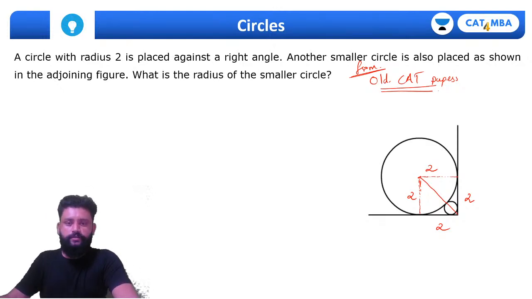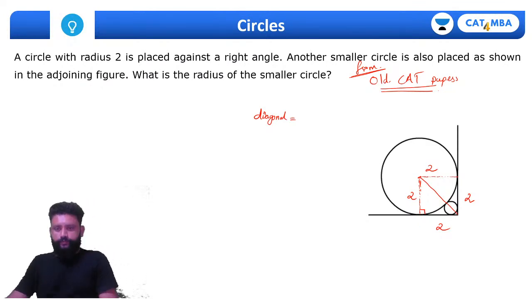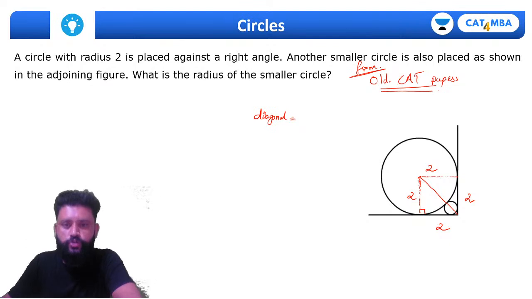this diagonal, I hope all of you know what the diagonal of a square is, a square plus a square, basically you can also apply the Pythagoras theorem. So how much will it be, root of twice 2 square, that is 2 root 2.